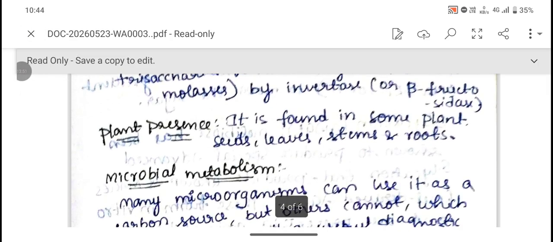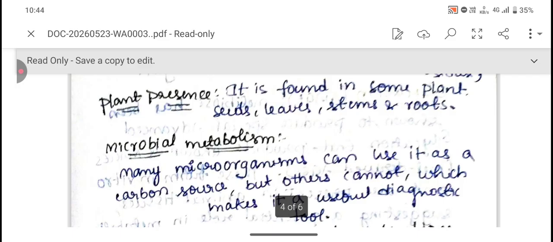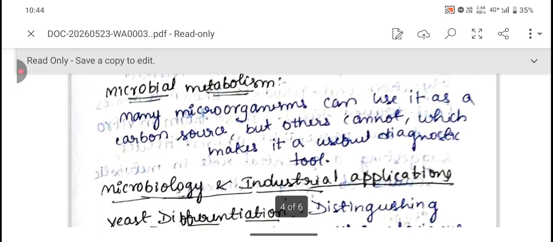So Melibiose is found in some plants, seeds, leaves, stems and roots. Its application in microbial metabolism is that many microorganisms can use it as a carbon source, but others cannot, which makes it a useful diagnostic tool.